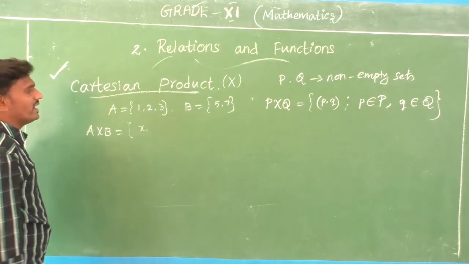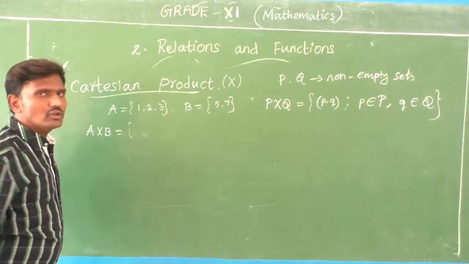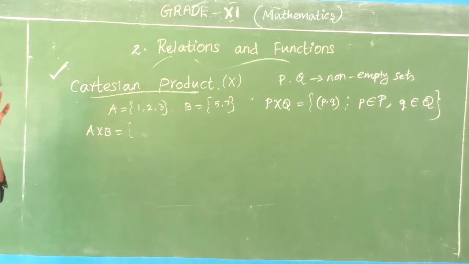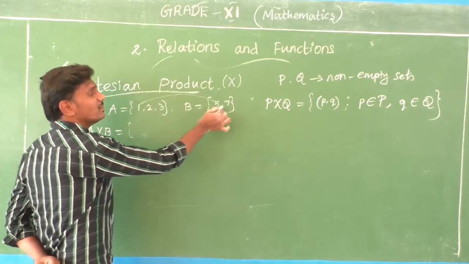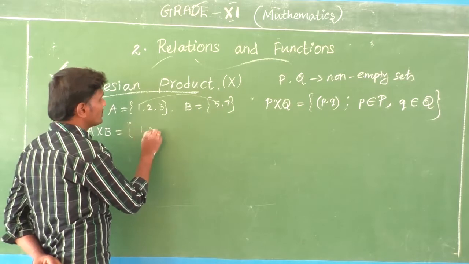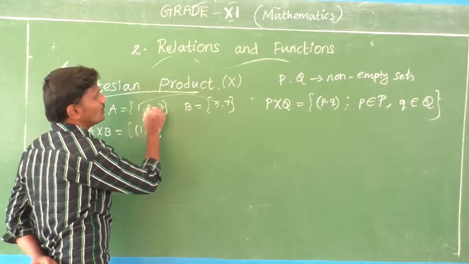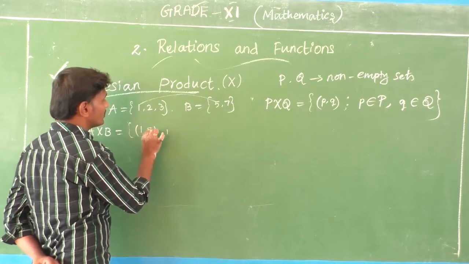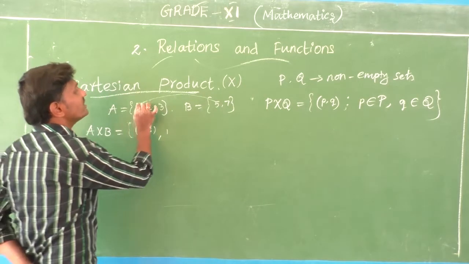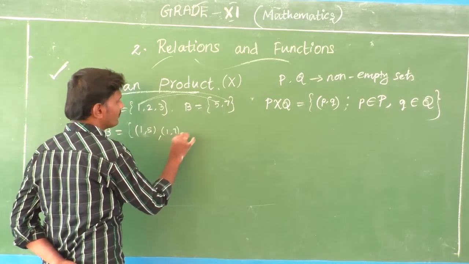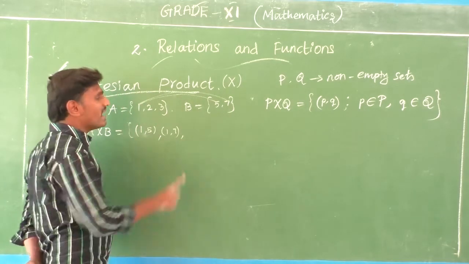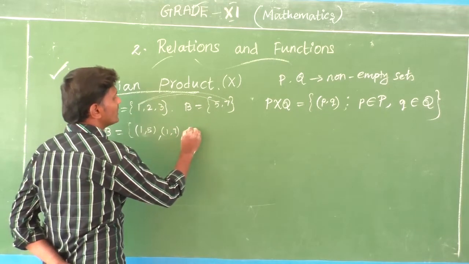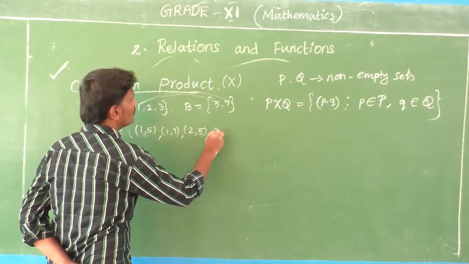Now I am going to find it. A equals {1, 2, 3} and B equals {5, 7}. The cross product A cross B: we pair the elements. So that is (1, 5) and (1, 7). Then the second element of A is paired with the set B: (2, 5), (2, 7).